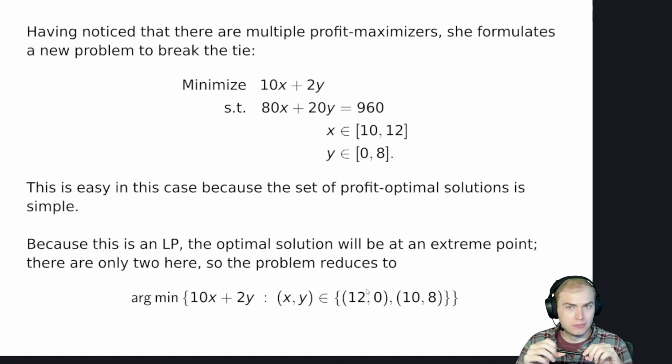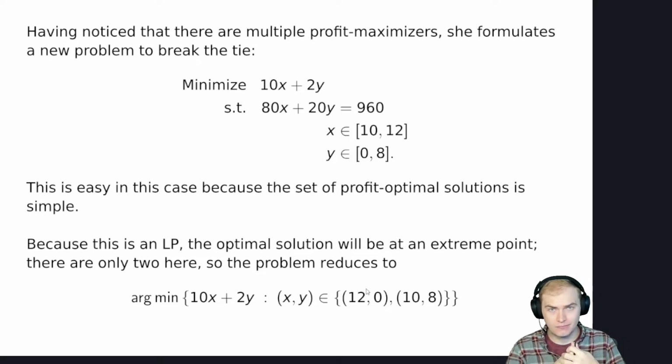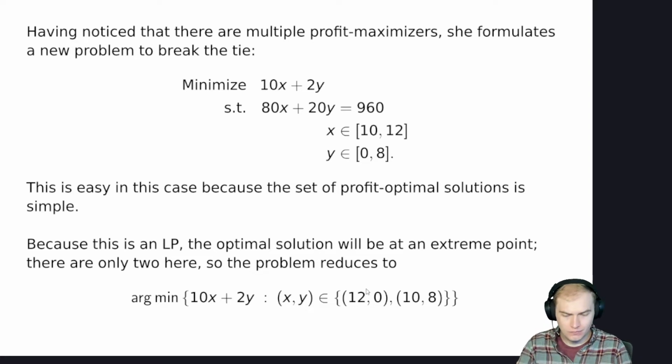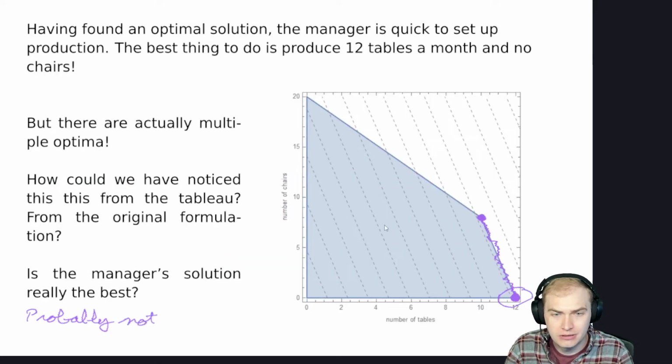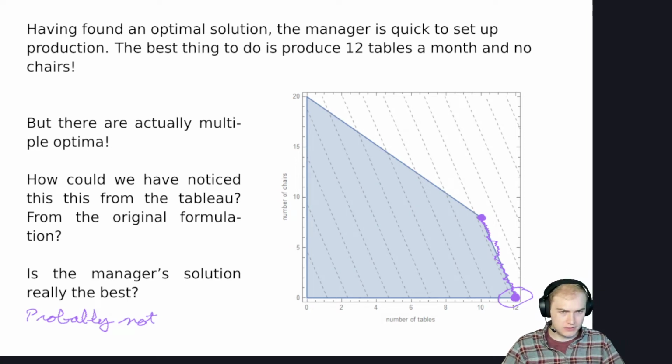Having noticed that there are multiple optimal profit solutions, maximal profit solutions, she formulates a new problem to break the tie. So if we come back to our image, we notice that if we want to restrict ourselves to the space of profit optimal solutions, we're really only looking at what's been highlighted here in purple.